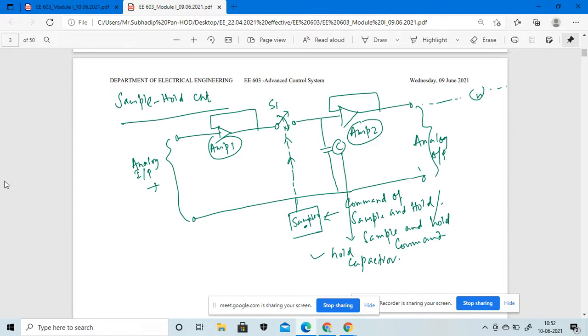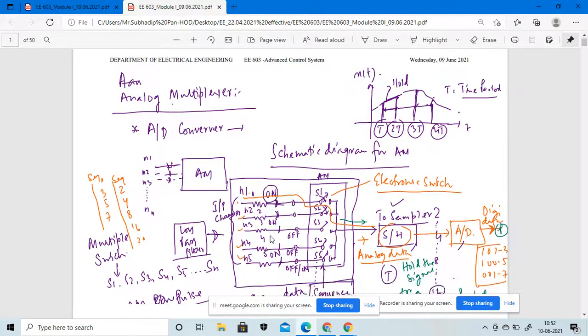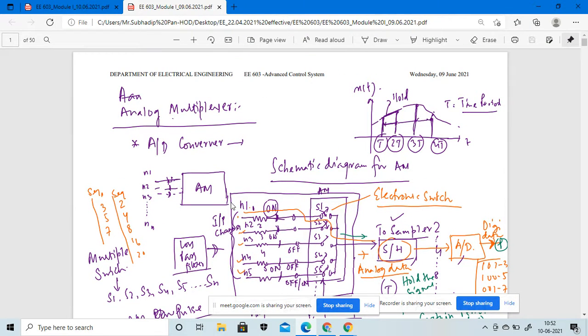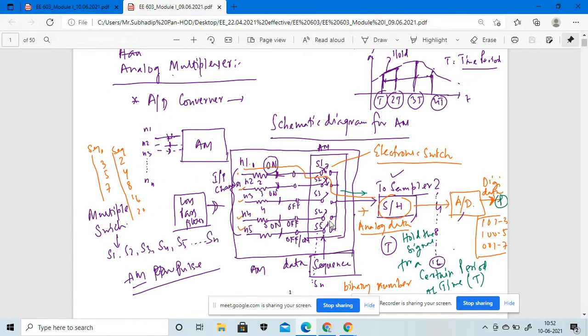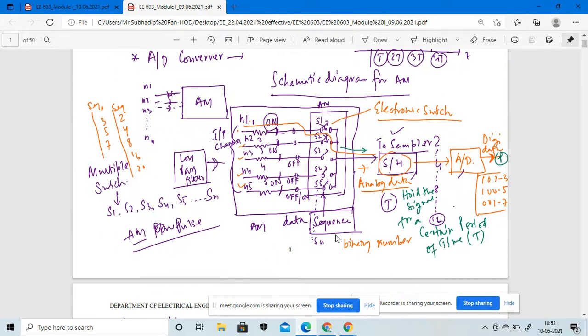Yesterday we discussed this, the analog multiplexer, its functionality and how it works. We have several input channels and we connect several switches, which are called electronic switches or sequential switches. We give the data to the sequential switch and it gives the output of analog data that enters the sample and hold circuit. Whatever data is transferred from the sample and hold circuit to the A to D converter should be analog data, obviously.